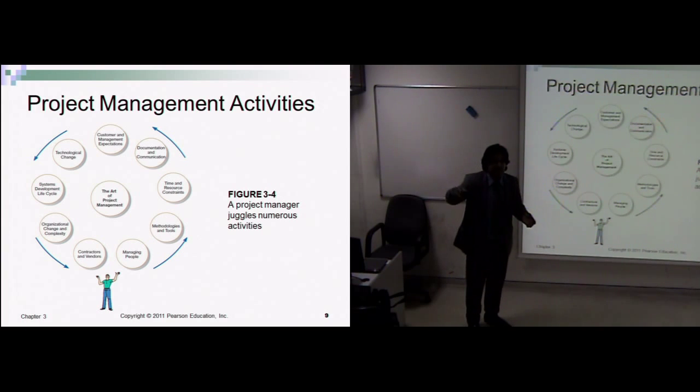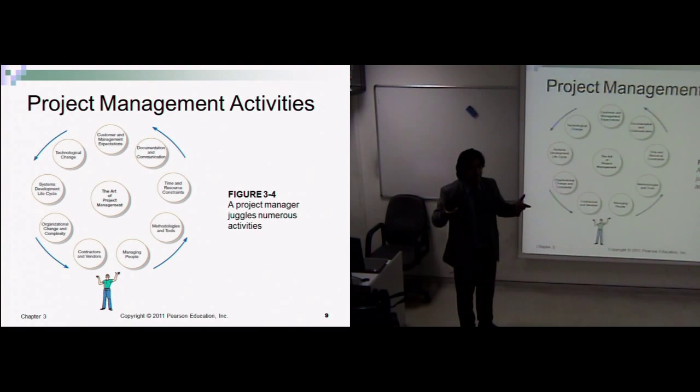We can ask a third-party contractor to do this job for us because we may not have the facility, service, or equipment to do that task ourselves. So we can ask other contractors to do this job and then deliver it back to us. Managing people means assigning tasks to different people who will do what part of the project. Methodologies and tools means deciding what type of methodologies should be used.